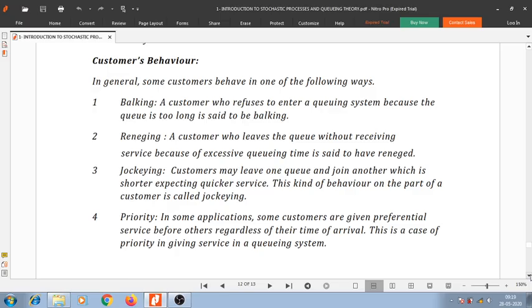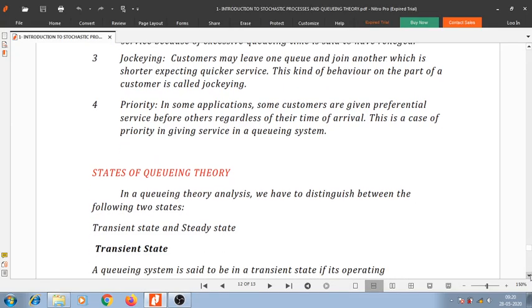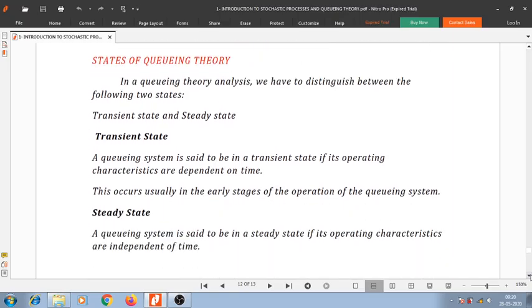Some customers see that there is a big queue and the room is filled with customers. There is no space to wait, so they don't want to enter the queue. So different attitudes of the customers are also discussed in customer behavior. Are you okay? Right. So what are the main components? Input process, service mechanism, queue discipline, customer behavior.